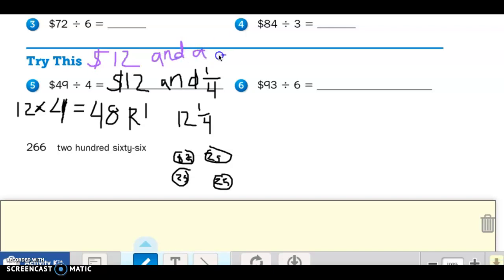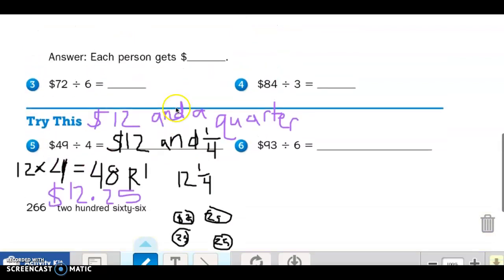I should have just typed this out, but here we are. $12 and a quarter. 1/4. Right? Because 1/4 out of 4 would make a dollar. Or I could also write it like $12 and 25 cents. Okay, so I have 3 ways that I could write my answer.